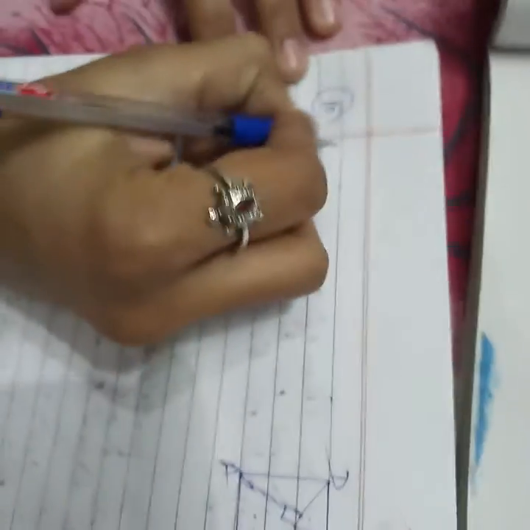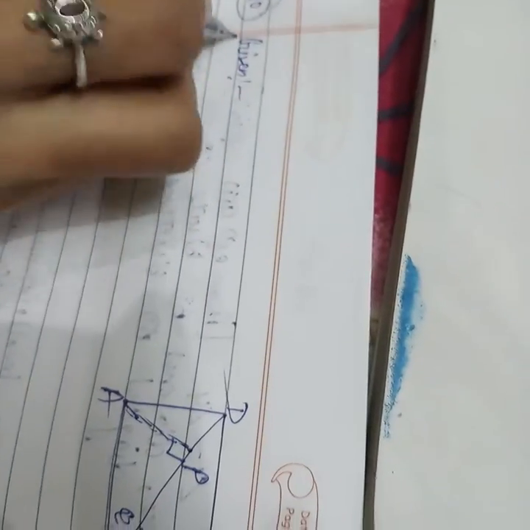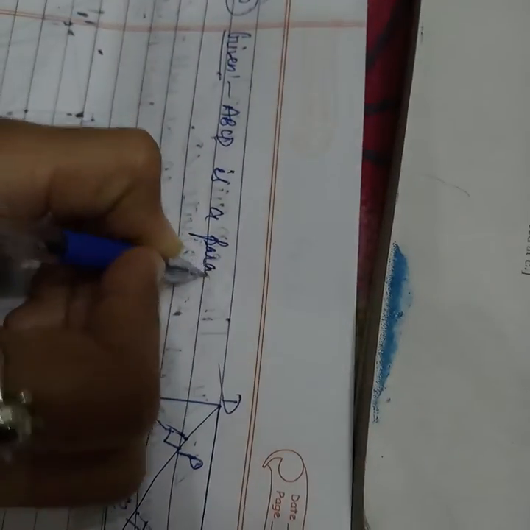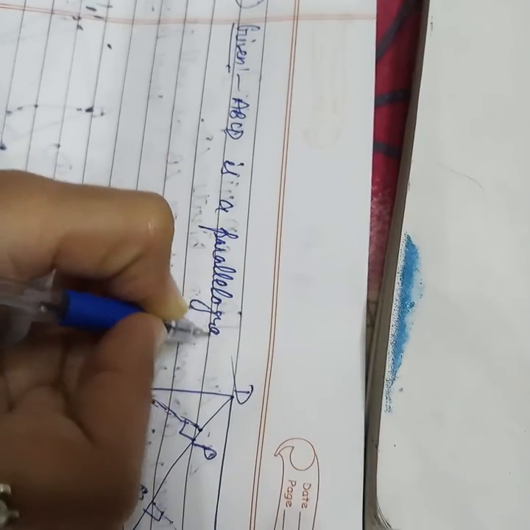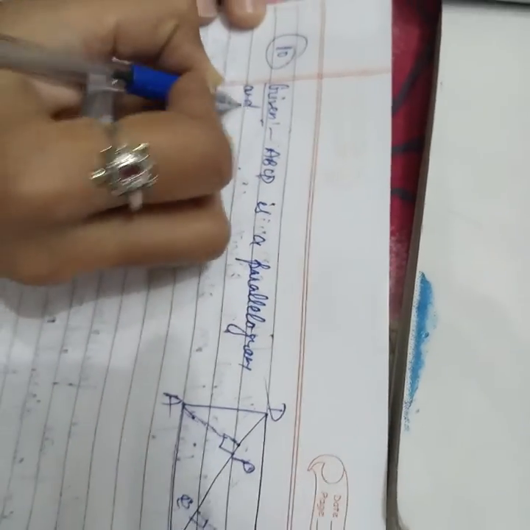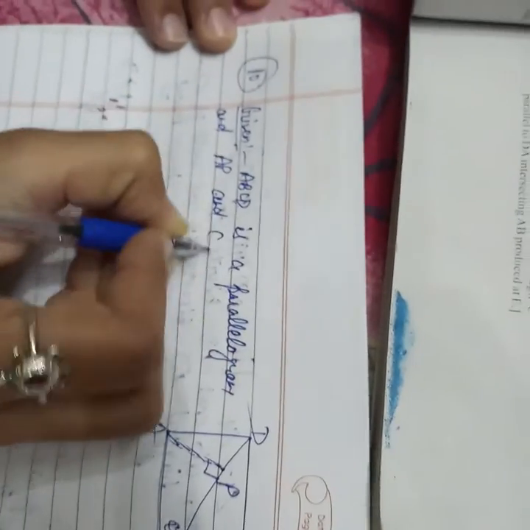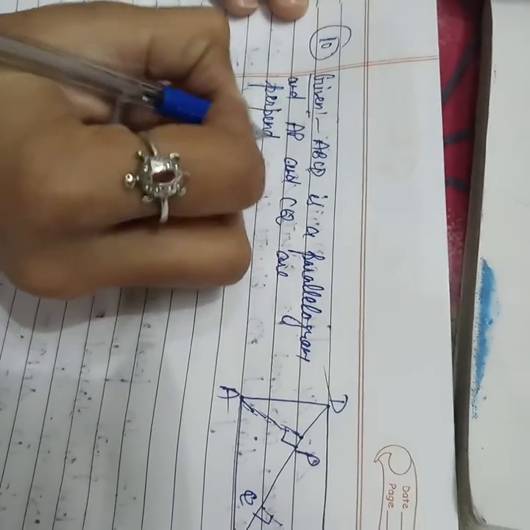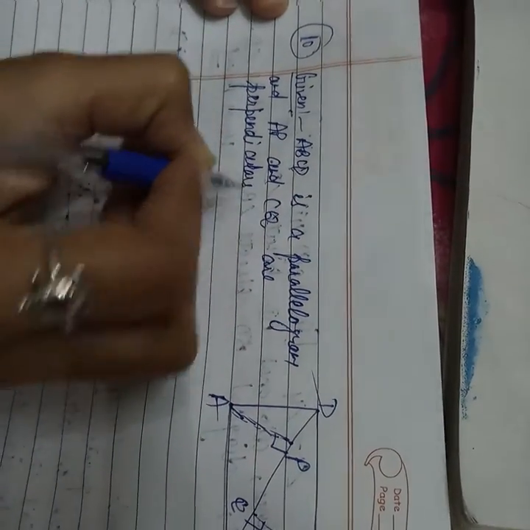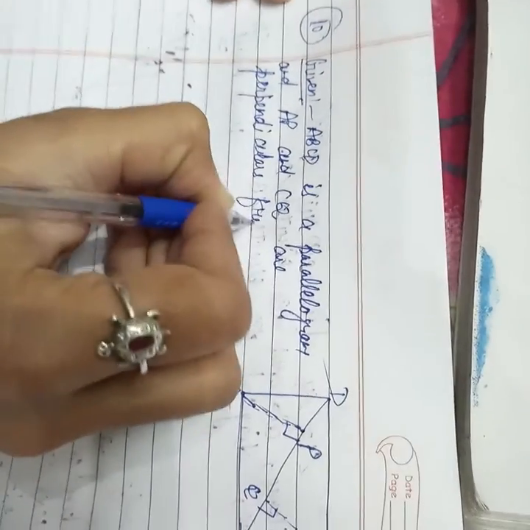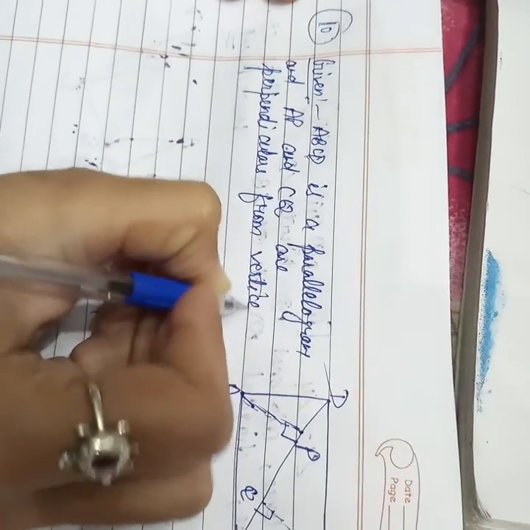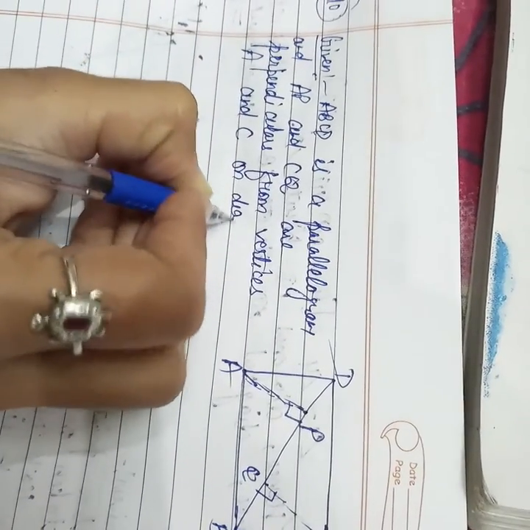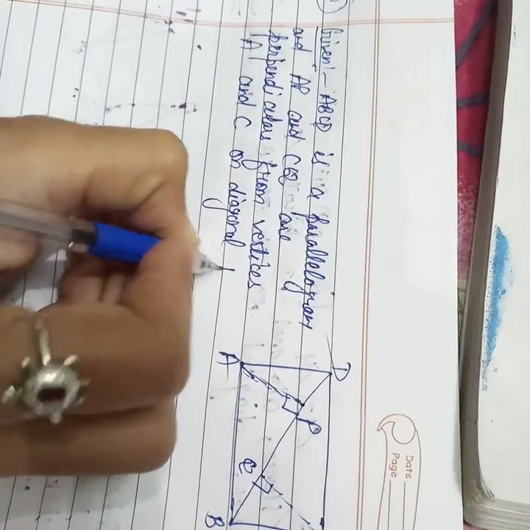Now given, ABCD is a parallelogram and AP and CQ are perpendiculars from vertices A and C on diagonal BD.